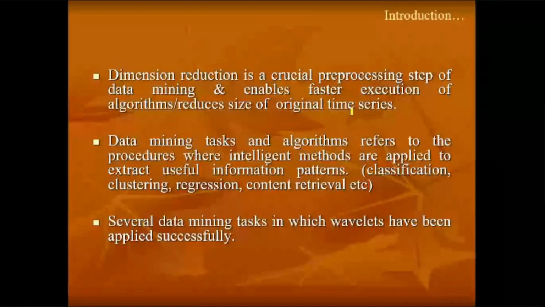Data mining tasks and algorithms refer to a procedure where intelligent methods are applied to extract useful information patterns. Basically, for the information patterns, some techniques are important, like classification, data clustering, data regression, and content retrieval. These are the basic and very important techniques.